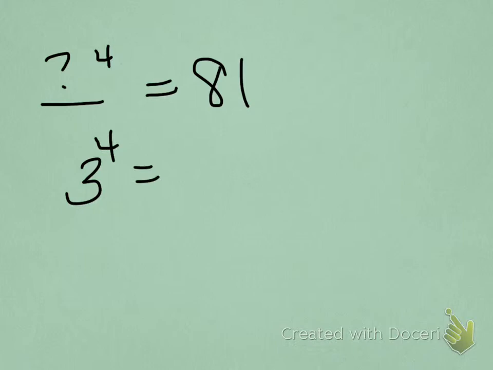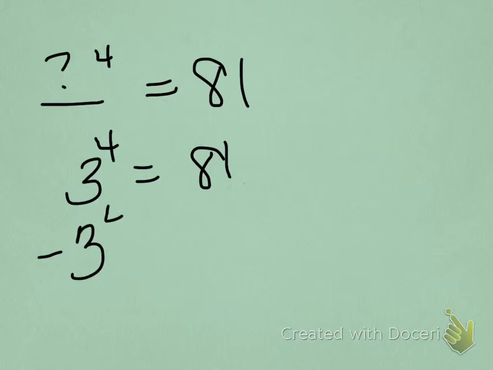Let's start by looking at example 1, which talks about real roots. When they say real roots, what they mean is, for example, fourth roots of 81, which means what to the 4th power would equal 81? Well, if you think about that, the answer is 3. 3 to the 4th power would be 81.